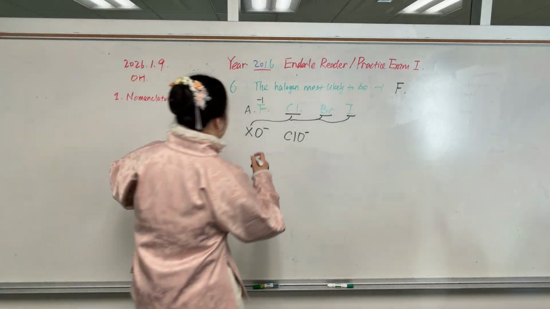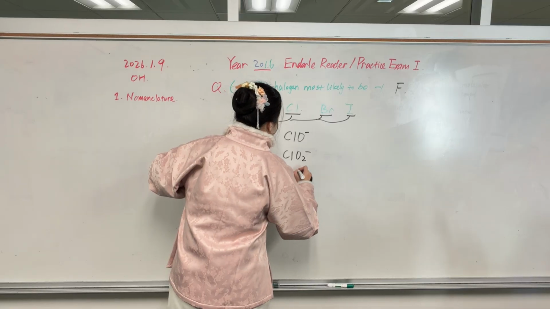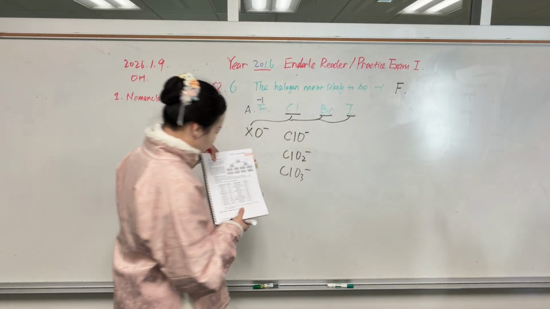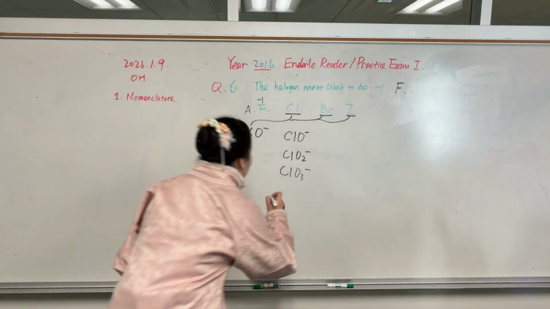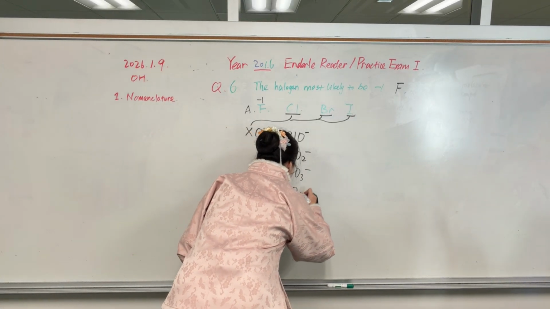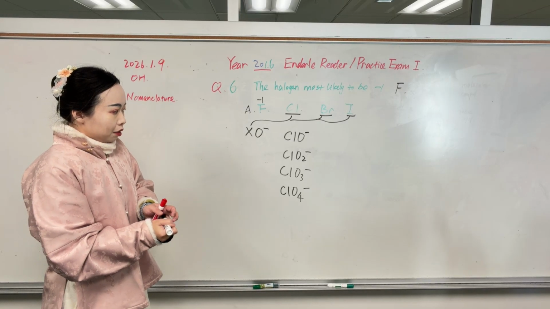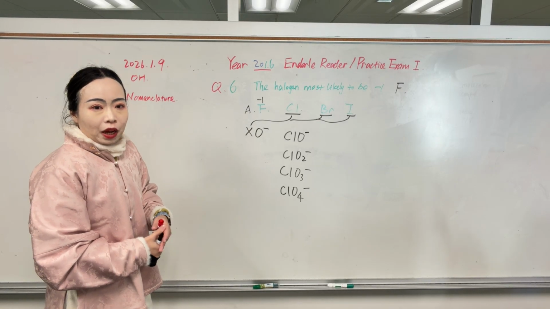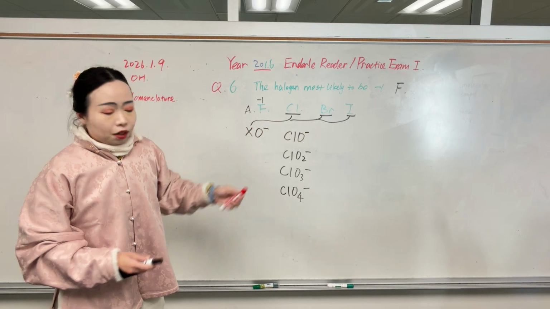So ClO2 minus, and there are also ClO3 minus, ClO4 minus. I'm going to just work through the oxidation states of this chlorine so you can see why the other three are not the correct answer for this question.